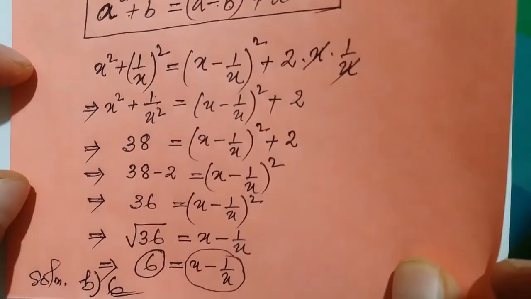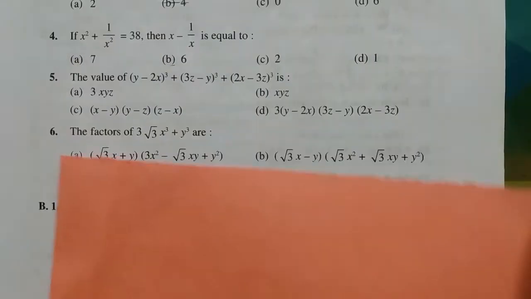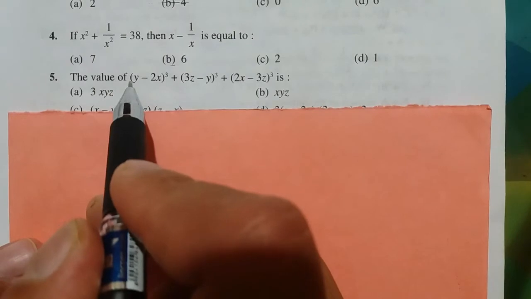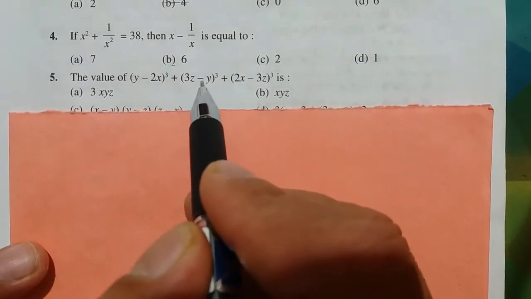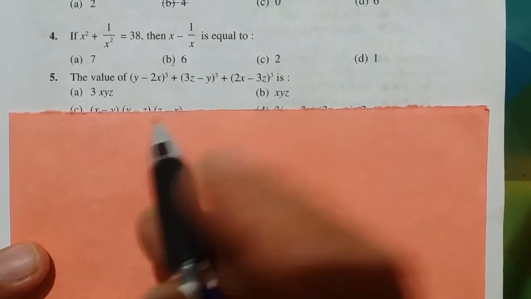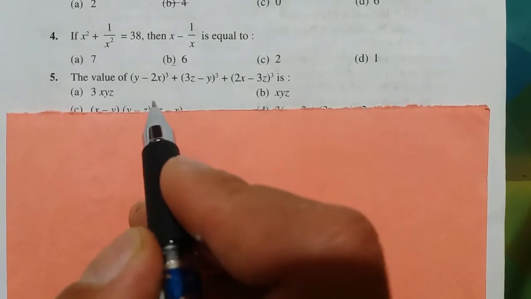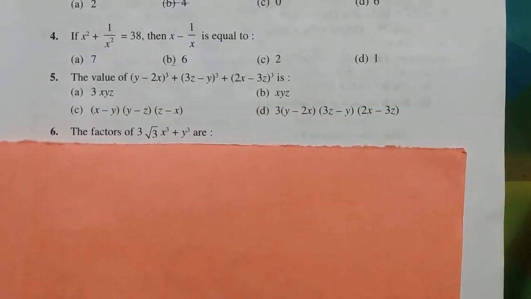Now let's go to the next question, that is question number 5. The value of (y minus 2x) whole cube plus (3z minus y) whole cube plus (2x minus 3z) whole cube is. Now we're going to use again an identity here.